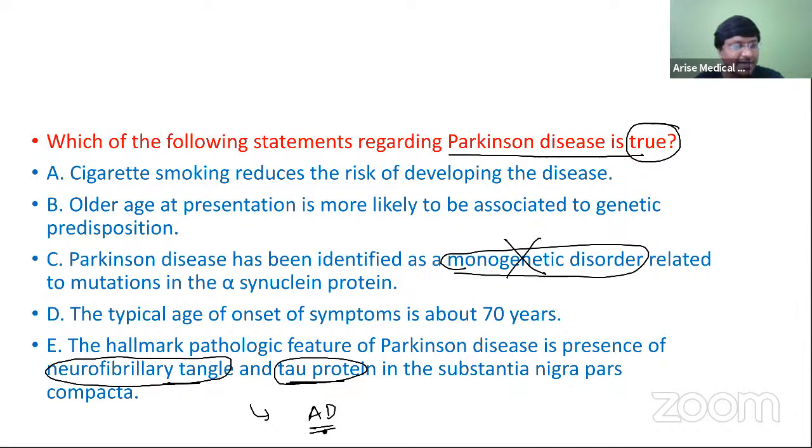Arya Ajesh has come with option B: older age at presentation is most likely to be associated with genetic predisposition. Always remember, in any disorder, not only Parkinsonism, a disease with genetic predisposition means it has been inherited. If a disease is inherited, you don't have older age at presentation.